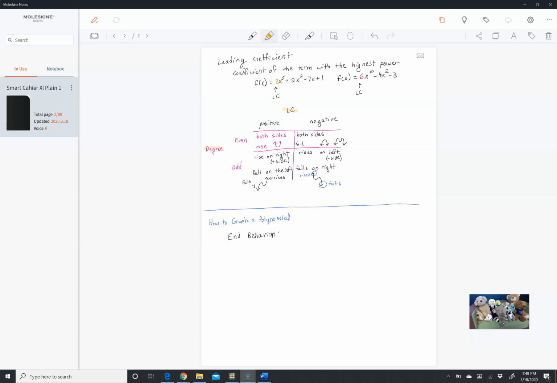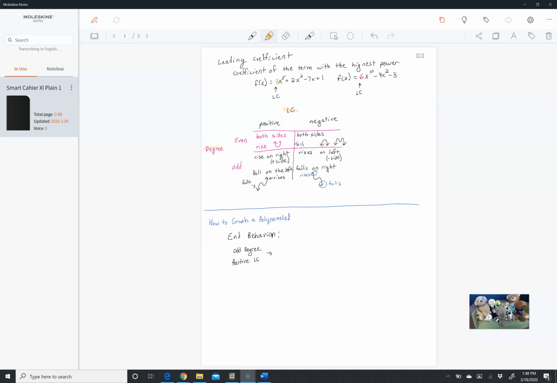So end behavior, if we have odd degree, and a positive leading coefficient. Okay. Remember, I'm abbreviating leading coefficient as LC.